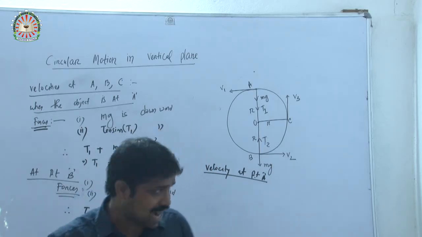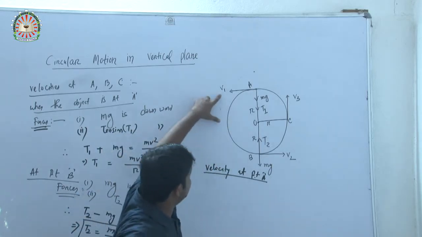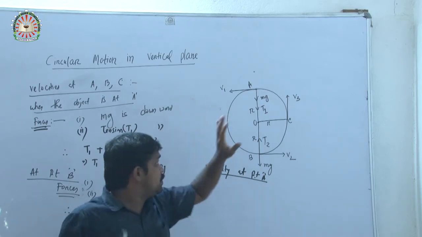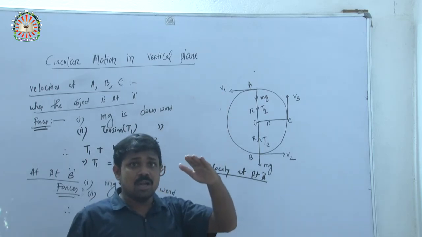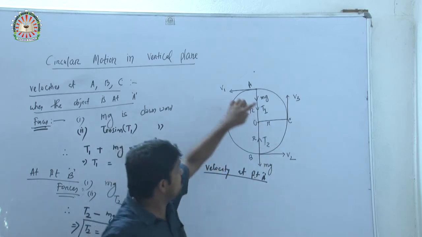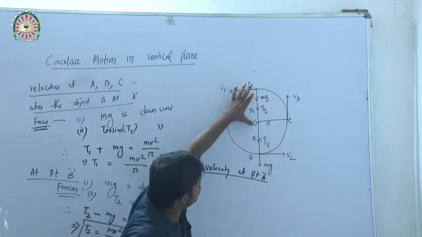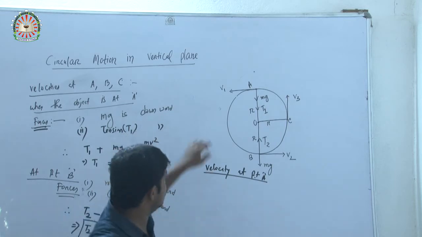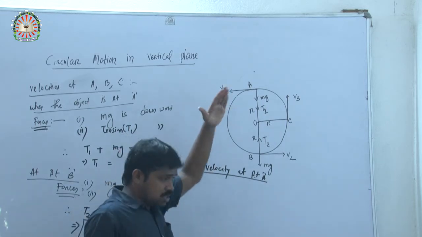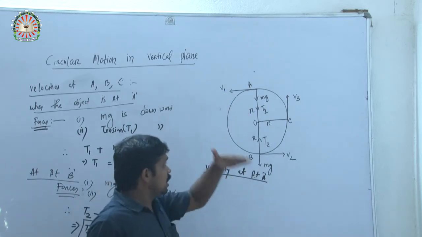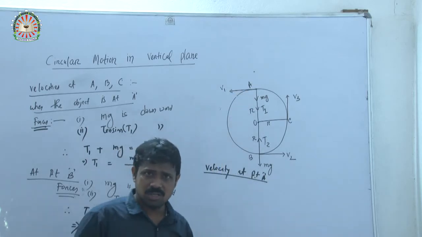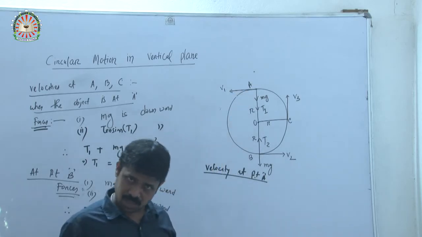I just told you that the minimum velocity is v1, so we have to find v1. This v1 is the minimum velocity so that it should be maintained here, and the string should not be slacked down or pulled down. Clear? Because if the velocity reduces below v1, then the tension becomes 0. The tension vanishes. Clear all of you?